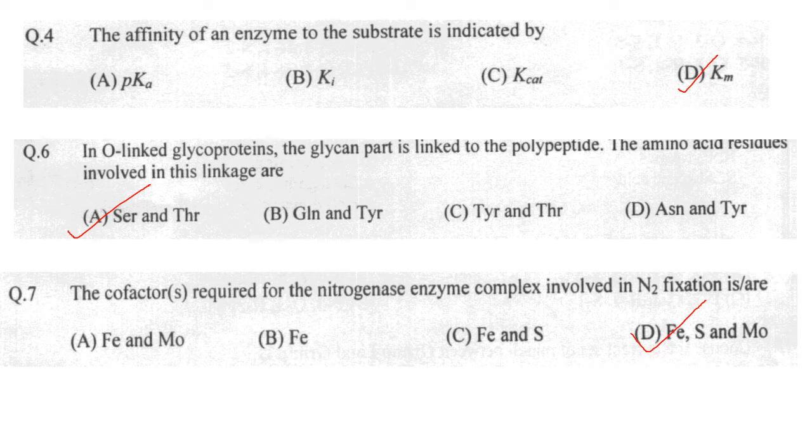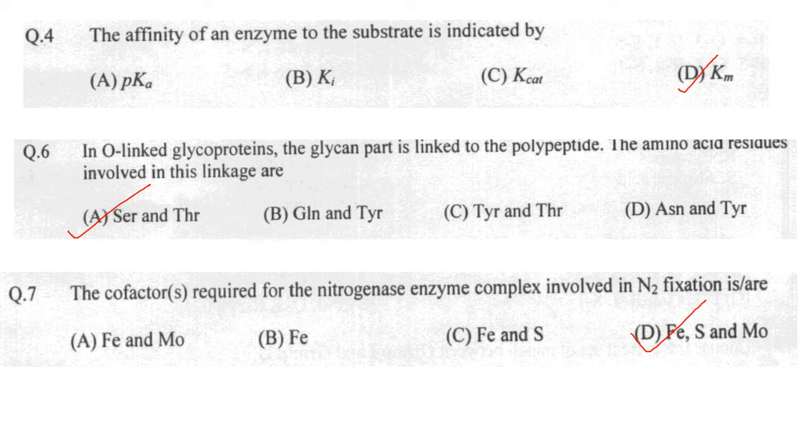The amino acid residues involved in this linkage are: option A, serine and threonine; B, glycine and tyrosine; C, tyrosine and threonine; D, asparagine and tyrosine. Answer is option A, serine and threonine.